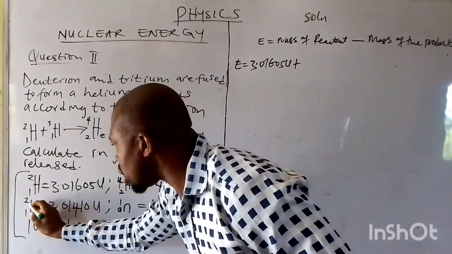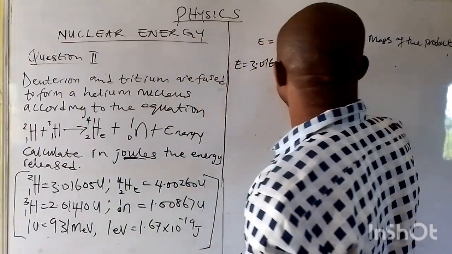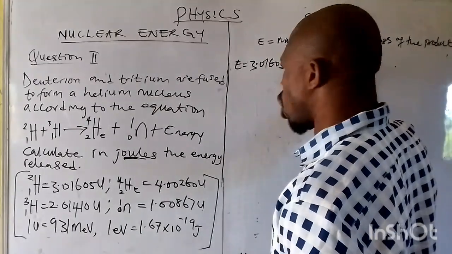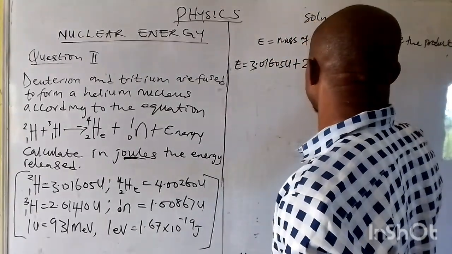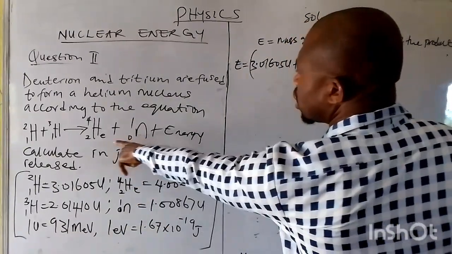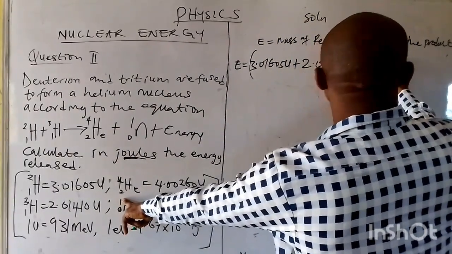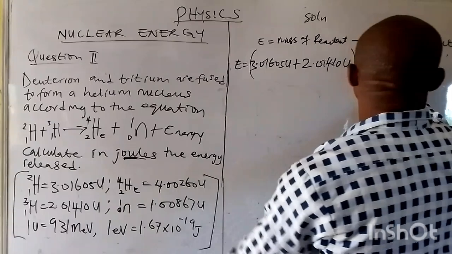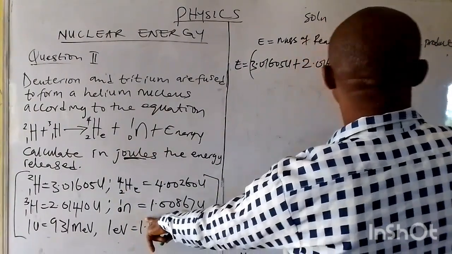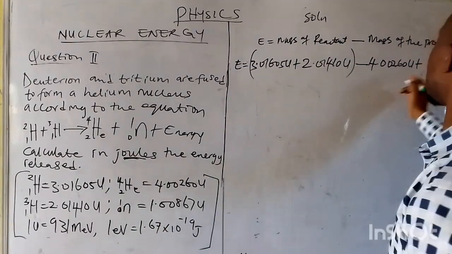Sorry, this is a tritium. 2.01410 U. We put it in brackets minus this, which is helium. Helium is 4.00260 U plus neutron. Neutron is 1.00. So I'll write it under this.